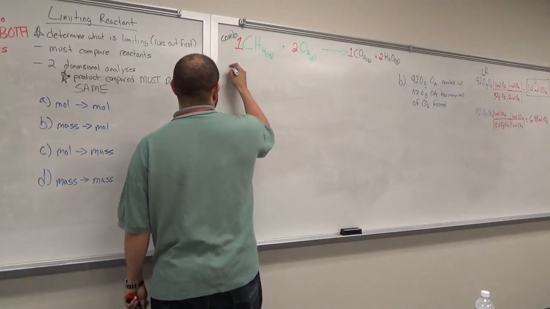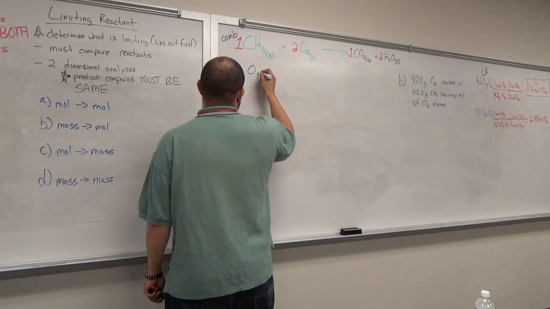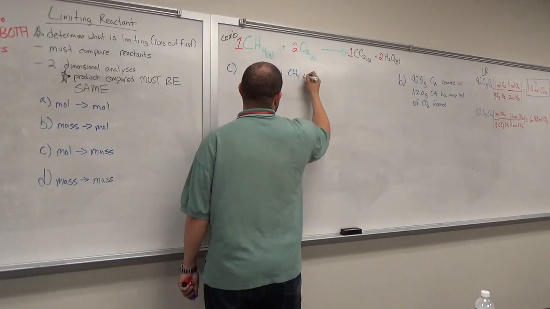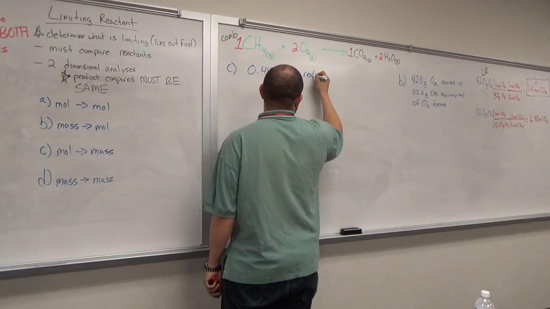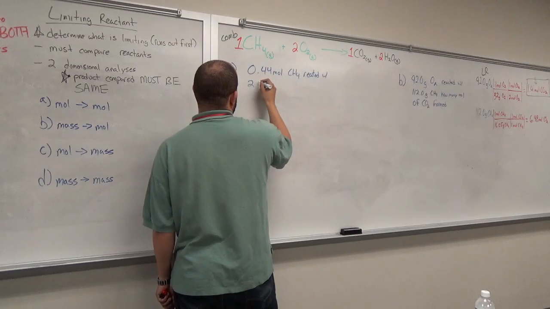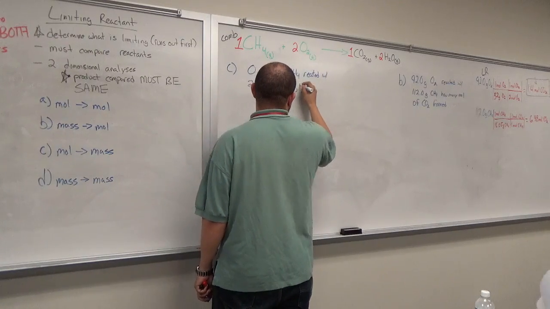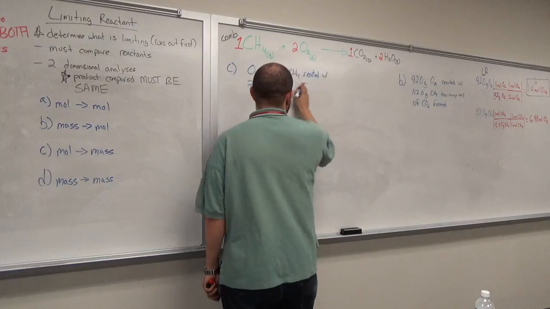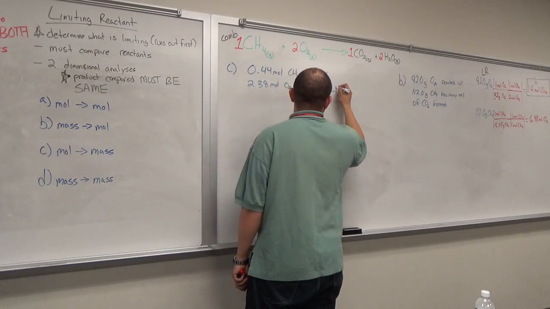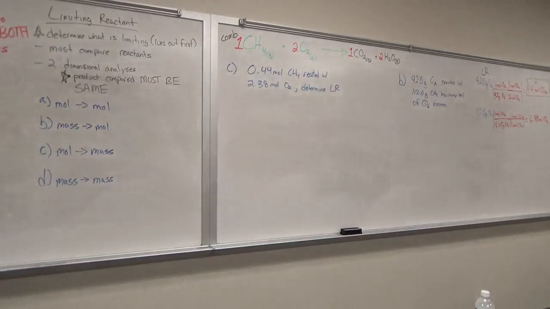Mole mass. 0.44 moles of CH4 reacted with 2.38 moles of O2. Determine limiting reagent. Reactant. You'll hear me say reagent too. Same thing. Reactant, reagent.